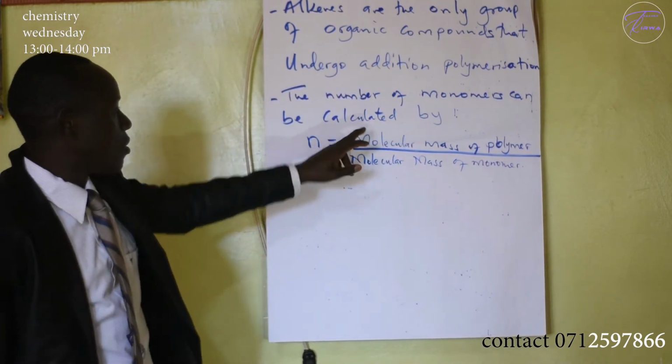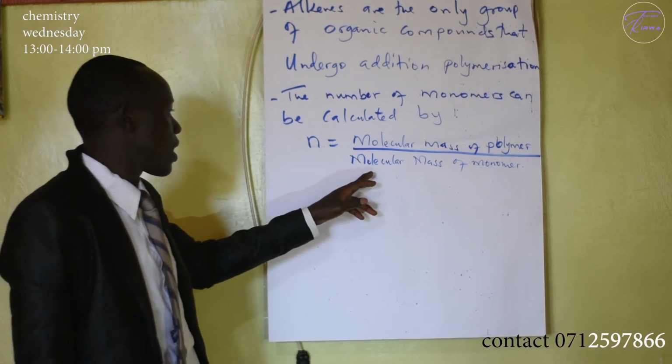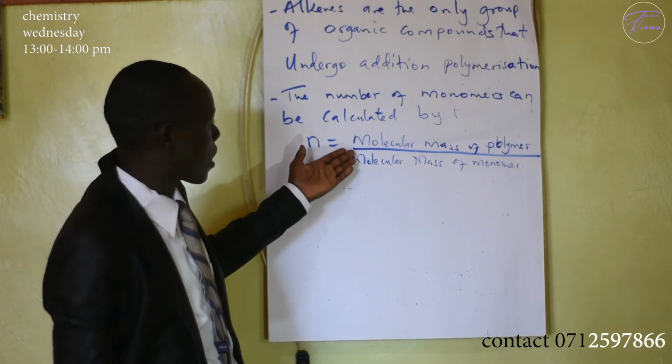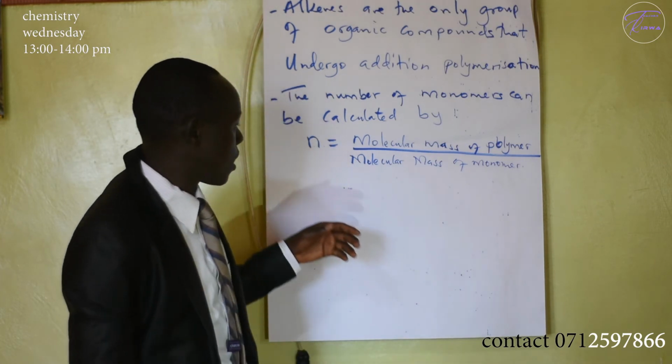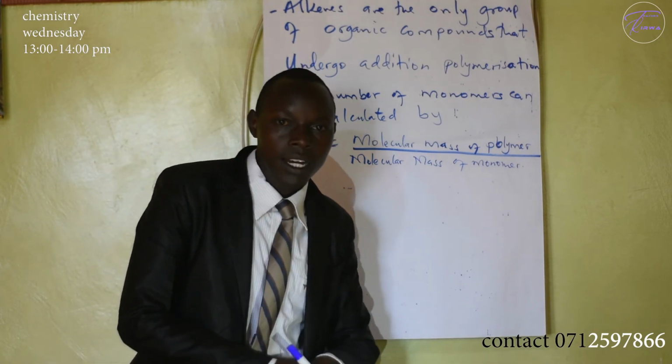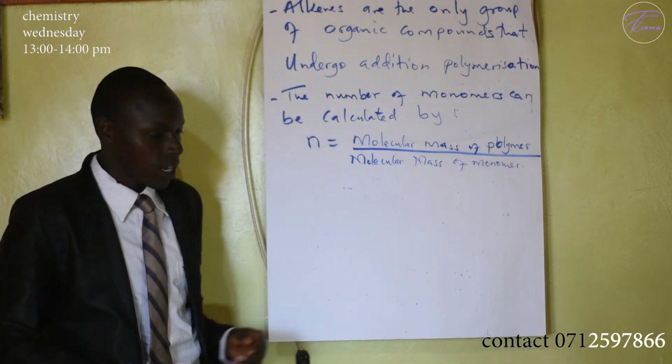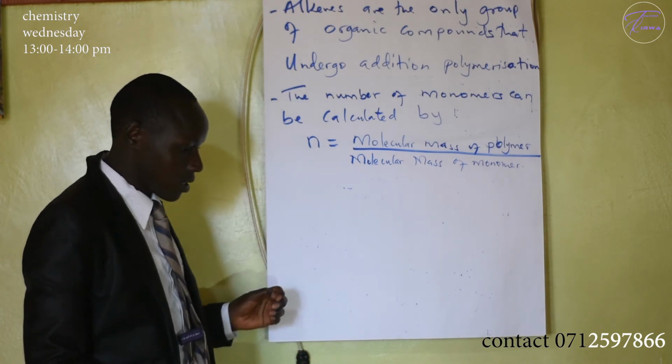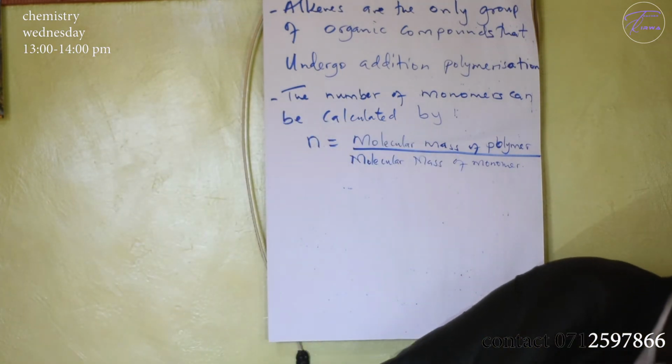The number of monomers can be calculated by the molecular mass of the polymer divided by the molecular mass of the monomer. We shall look at an example of this. Let me see if I can find one here.